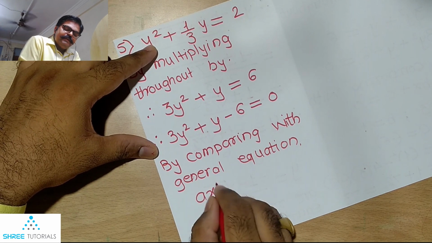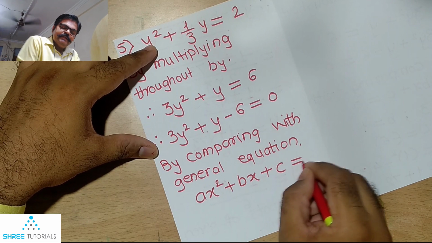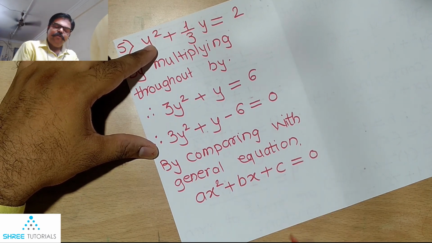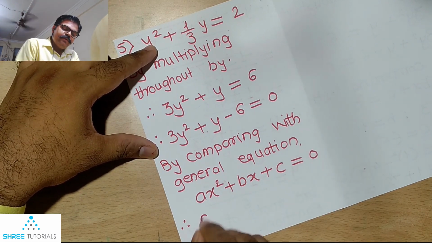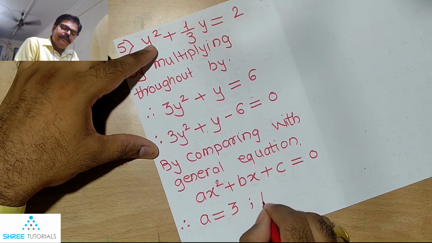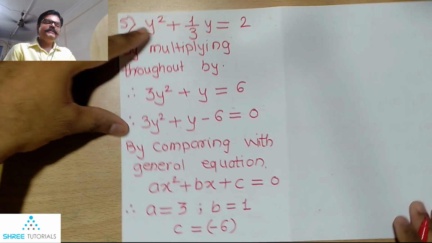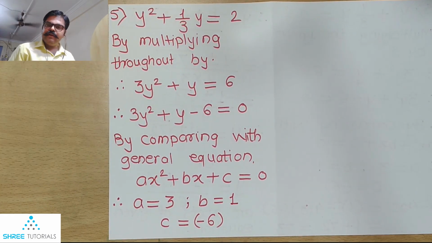That was ax square plus bx plus c is equal to 0. Therefore, after comparison we can conclude that a was equal to 3, b was equal to 1, whereas c was equal to minus 6. These three values we have received after the comparison.